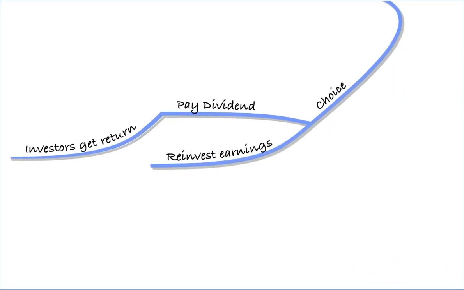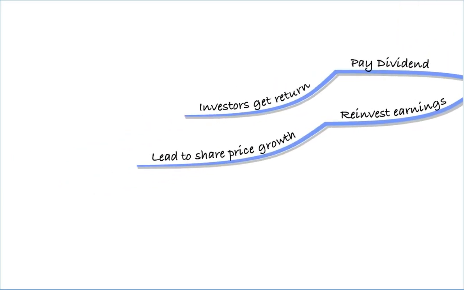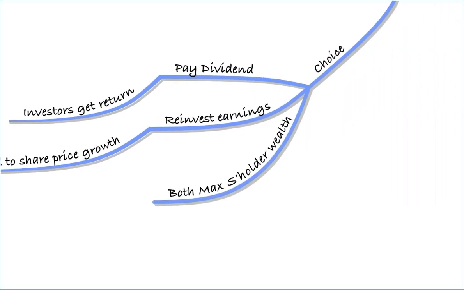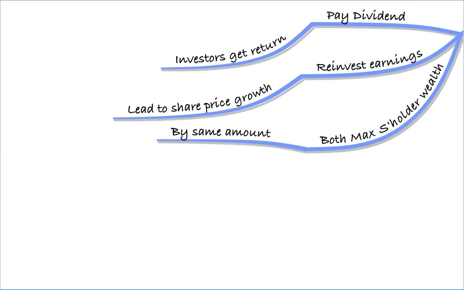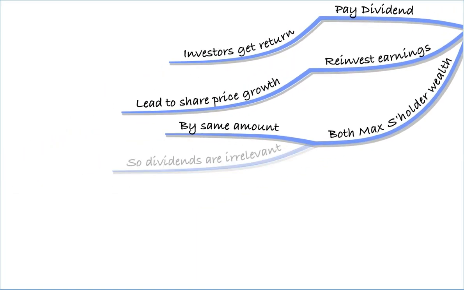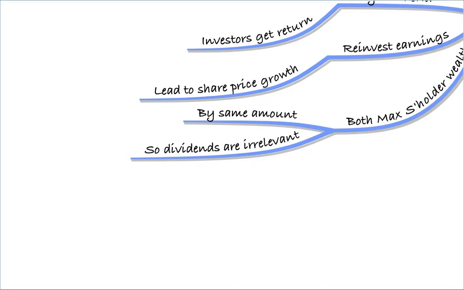Or you could reinvest the earnings in the business, in which case this should lead to share price growth, because you invest in a profitable project. Both of those will maximise shareholder wealth. Either they'll get a dividend or they'll get an increased share price through the reinvested earnings. So they should maximise shareholder wealth by the same amount, and therefore dividends are irrelevant.